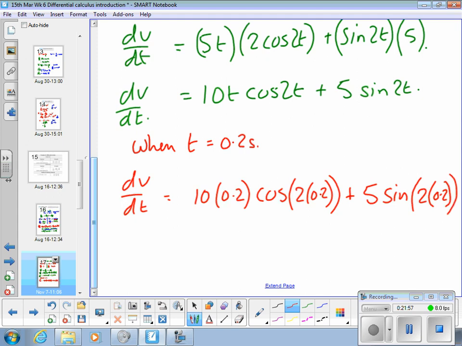We put that in. Remember what I mentioned last week: anything like this is always in radians, so before you calculate, make sure your calculator is in radians. I'll make a note of that on here.